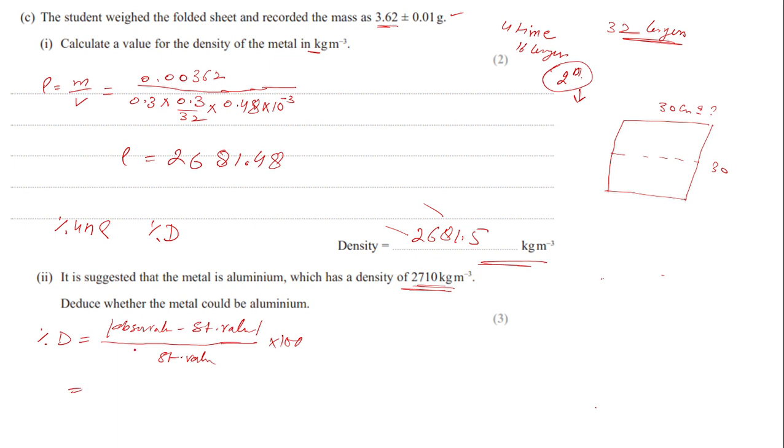So you can say that observed value is 2681.5 minus standard value given, 2710, divided by 2710, because we have absolute sign. So if the answer is coming negative, you can ignore the negative sign, multiply by 100.